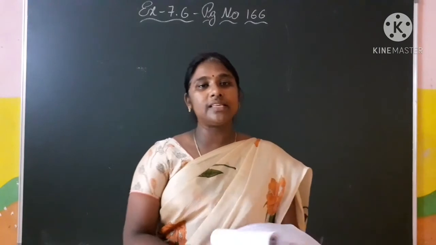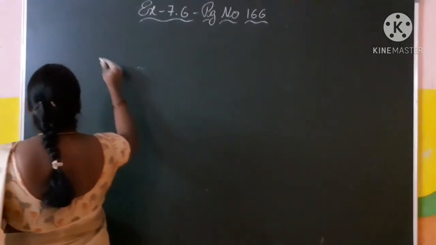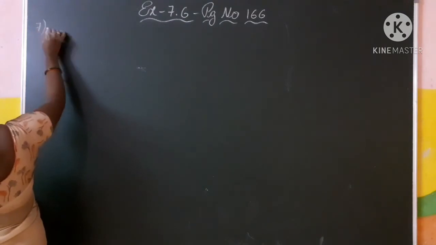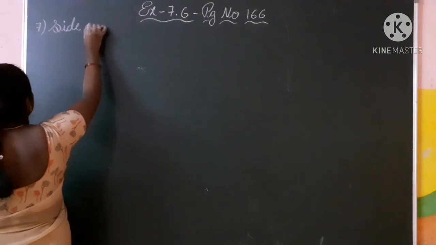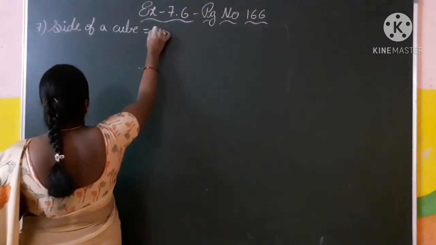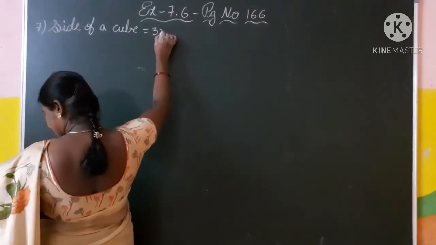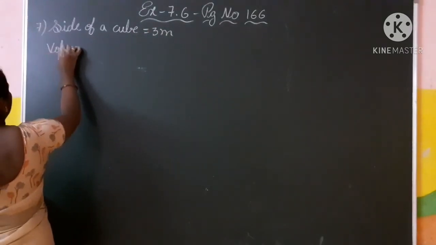How many pieces can we cut? The side of the cuboid is given, and the side of a cube is given. Side of a cube is equal to 3 meters.